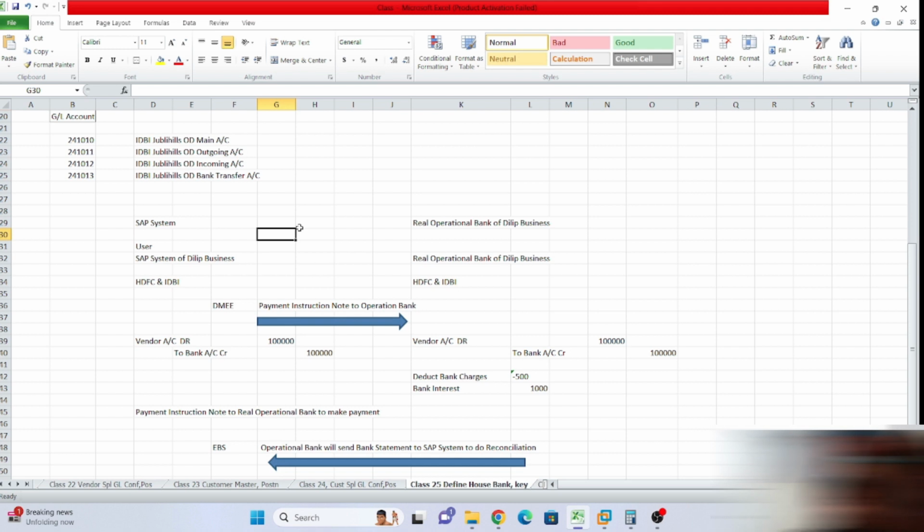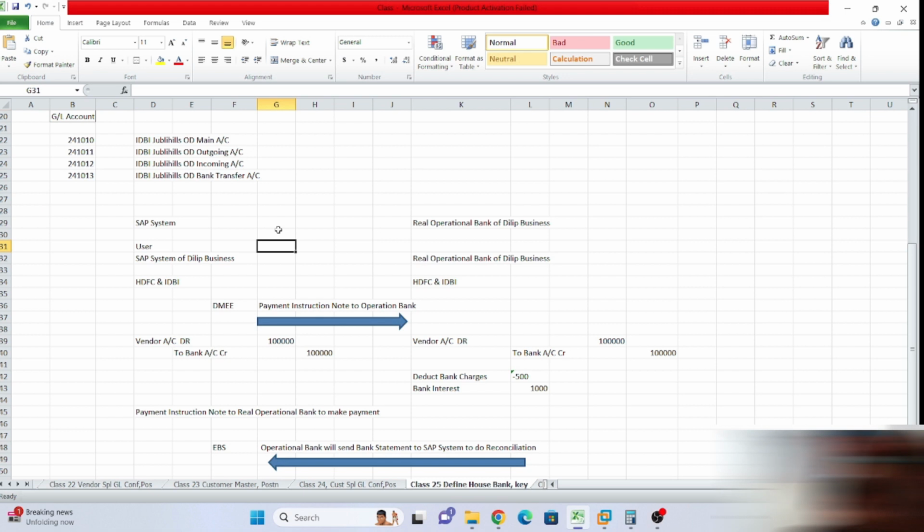When we make payment to a vendor, it is deducted, yes. But we should understand that this question is incomplete. The interviewer should ask in a very clear way whether I am talking about the SAP system or the real operational bank.